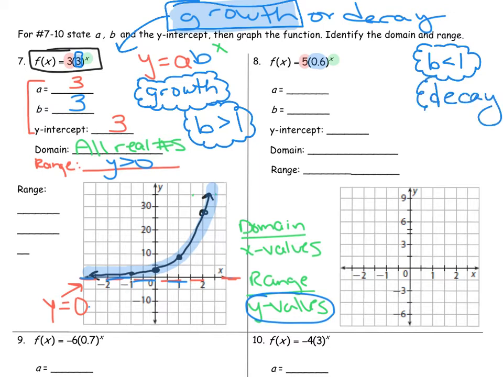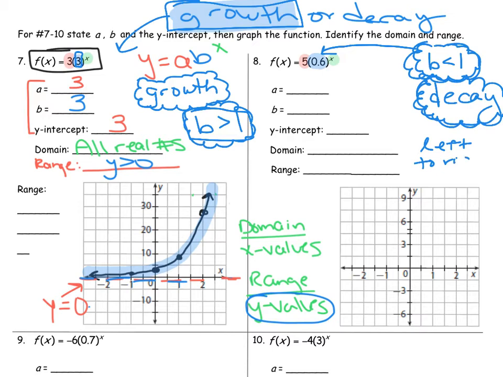So when your b value is greater than 1, which it is here, we're dealing with a growth. If my b value is less than 1, which is actually the situation here, I'm going to be looking at a decay. So that means as I read from left to right, I expect this graph to decrease because it's a decay. All right, so let's do it. Let's take a look. I want you guys to graph question 8.